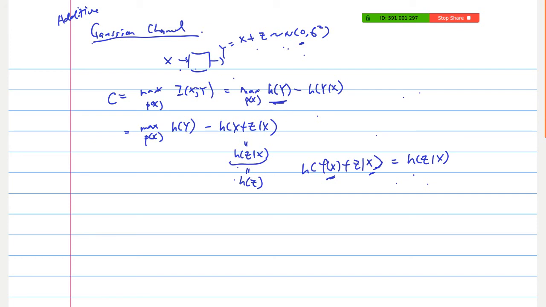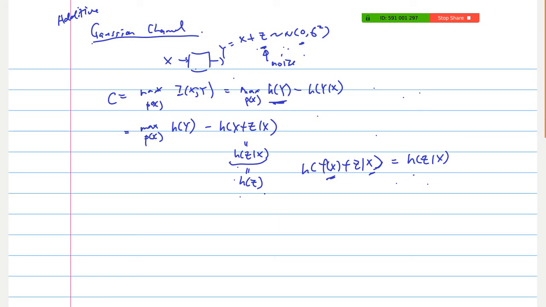It makes sense, right? The noise should not depend on the original input. That's typically how people assume it, so this will be just equal to h(c).